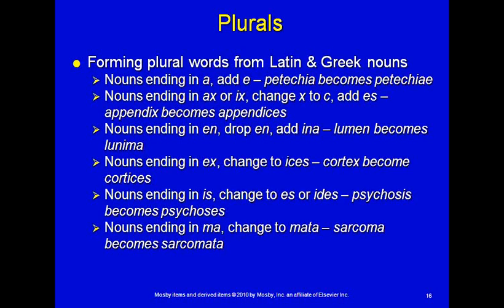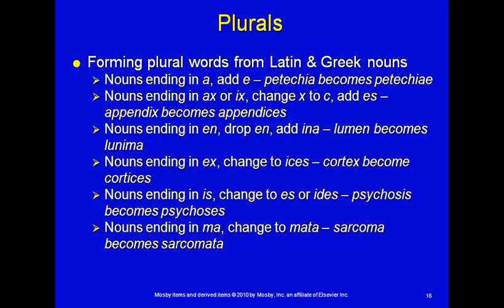Nouns ending in EN, we drop the EN and add an INA. So as an example, lumen, which refers to the inside diameter of a vessel, becomes lumina. Nouns ending in EX, we change to ICES. So cortex becomes cortices.